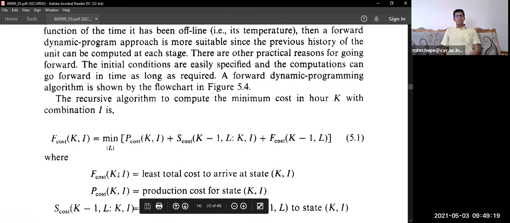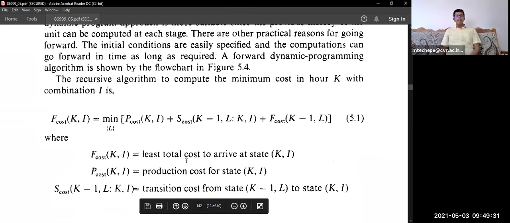That is, F cost of k comma I is nothing but the least cost to arrive at the state k comma I. Then P cost of k comma I is the production cost of the state k comma I.